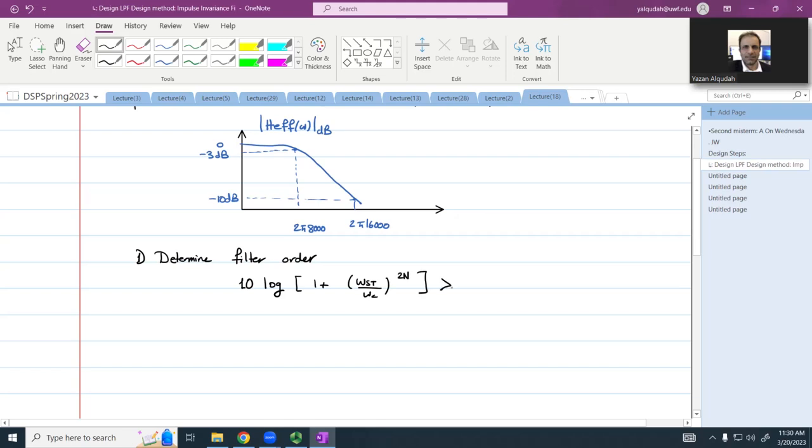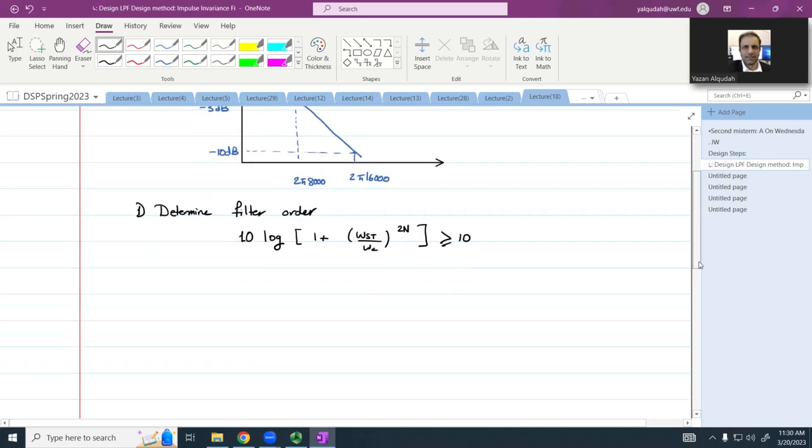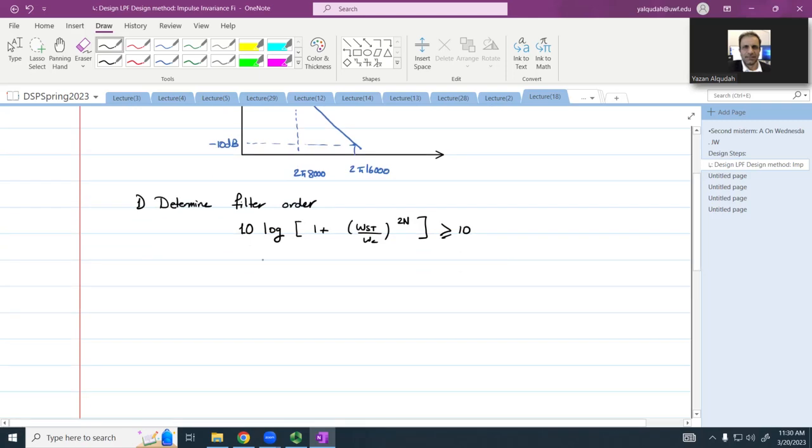We want this to be greater than or equal to 10 dB, which is the attenuation. If we plug in n equal to 1, we get 6.989 dB, which does not meet this requirement. If I take n equal to 2, this is going to be 12.3 dB, and therefore the filter order has to be second order.